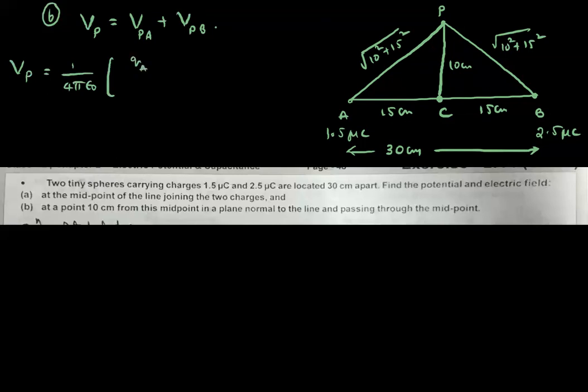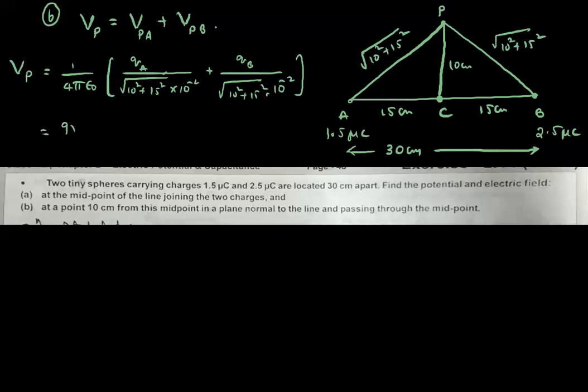Charge at A divided by root of 10 square plus 15 square into 10 power minus 2, since it is in centimeters, plus charge at B divided by root of 10 square plus 15 square into 10 power minus 2.